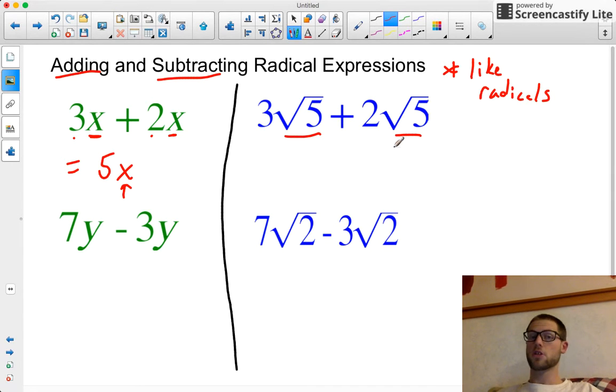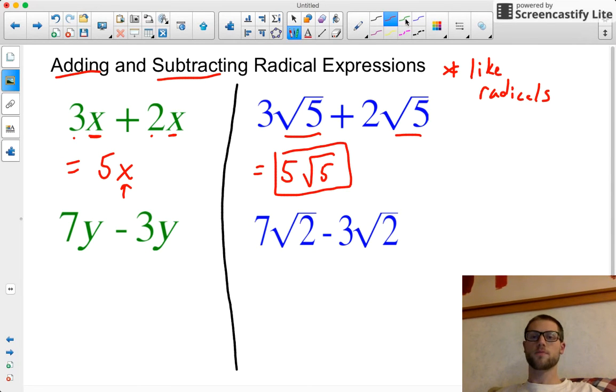So nothing's really changed as far as the rules of combining these like terms. I'm going to keep the same process. I'm going to add my coefficients. 3 plus 2 is 5. And my common radical is the square root of 5. And if you don't believe me, you can always punch this into your calculator and see if you get the same thing. But this is all that I need to do to combine like terms.